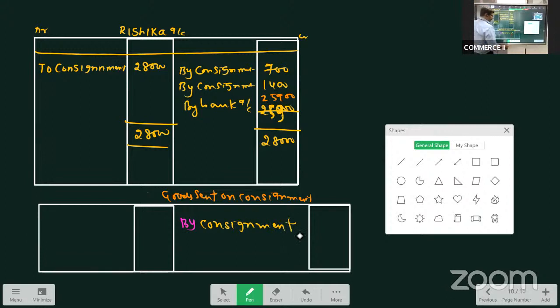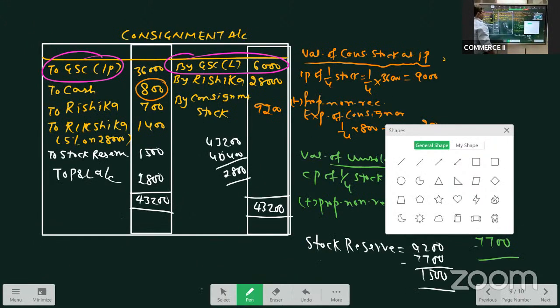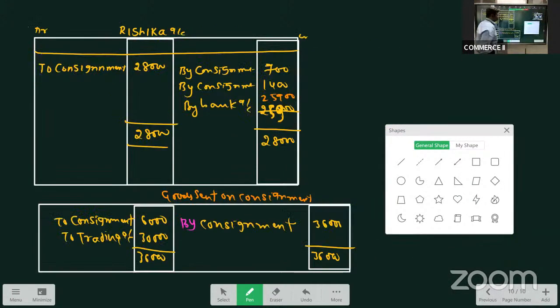What was the cost? 30,000. Then again, to consignment, I'll take the loading 6,000. So the difference 30,000 is transferred to trading account. So 36,000 on both sides. Okay, this is how we are done with the third problem and the last problem of consignment.